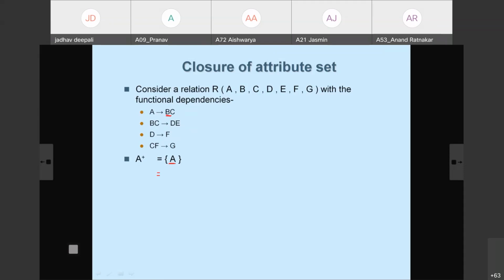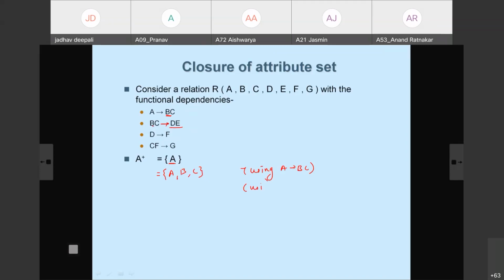So using A tends to BC, I can add here A, B and C. Now A, B and C, all three attributes, are in the result. Now I can observe that D, E are functionally determined from BC, which is already in the result.